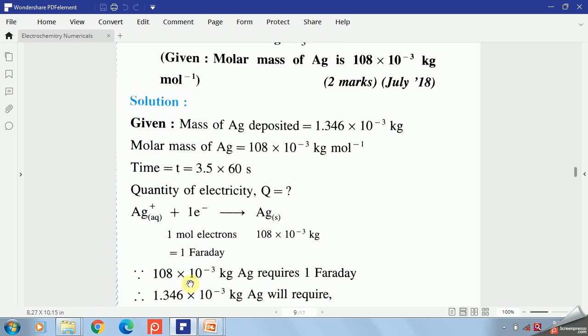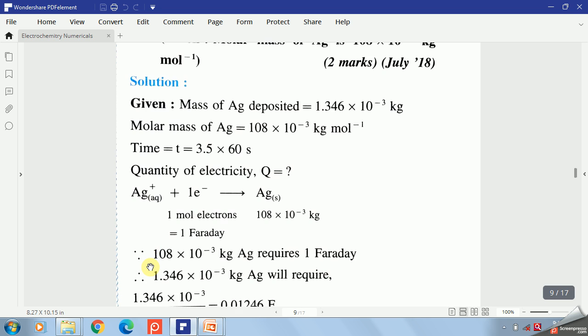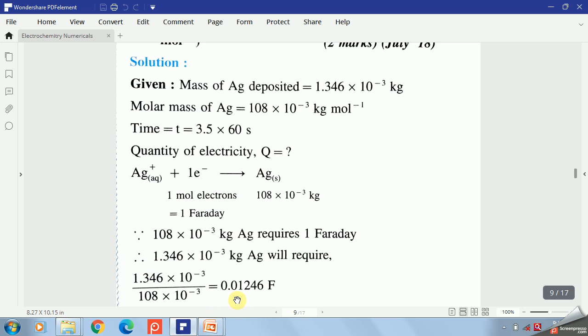So 1 mole of electron corresponds to 1 Faraday. So 1.346 into 10 raised to minus 3 kg corresponds to how many Faraday? Simple cross multiplication, 1.346 into 10 raised to minus 3 into 1 divided by 108 into 10 raised to minus 3 kg. Your answer is 0.01246 Faraday.